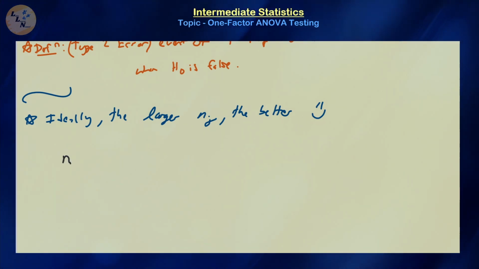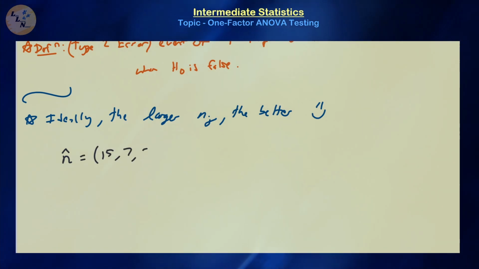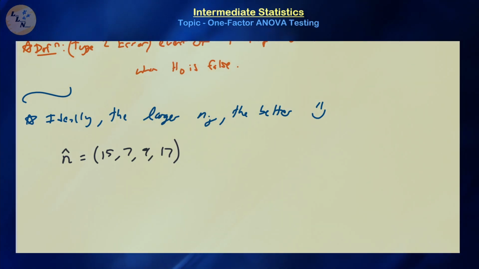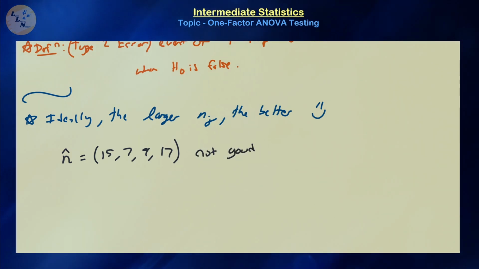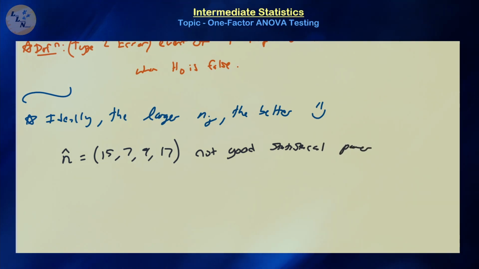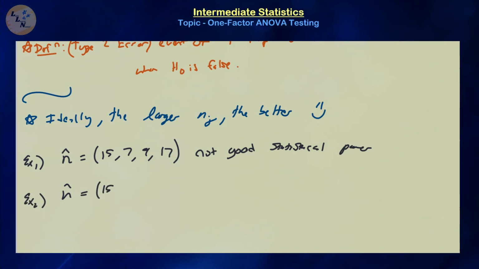Let's assume, for example, we have a sample size vector of, say, 15, 7, 9, and 17. So 15 in group 1, 7 in group 2, 9 in group 3, and 17 in group 4. This is not good statistical power. But if we look at another sample size vector, for example 15, 14, 12, and 16, let's call these n vector 1 and n vector 2.